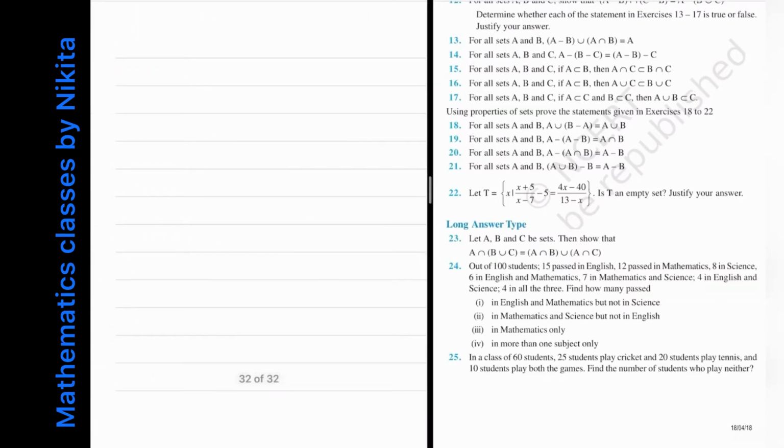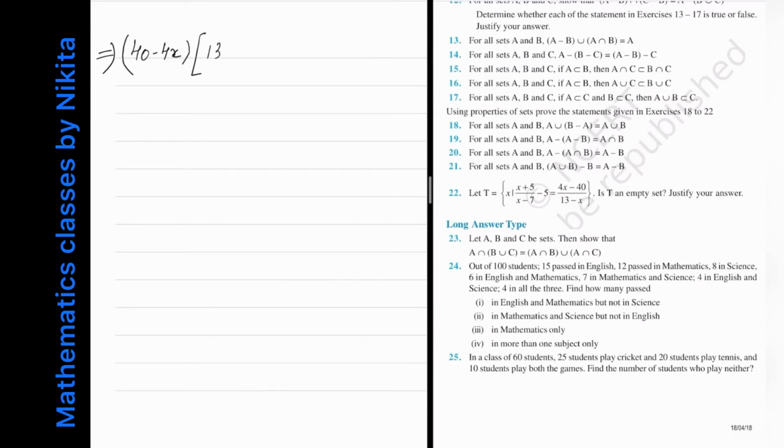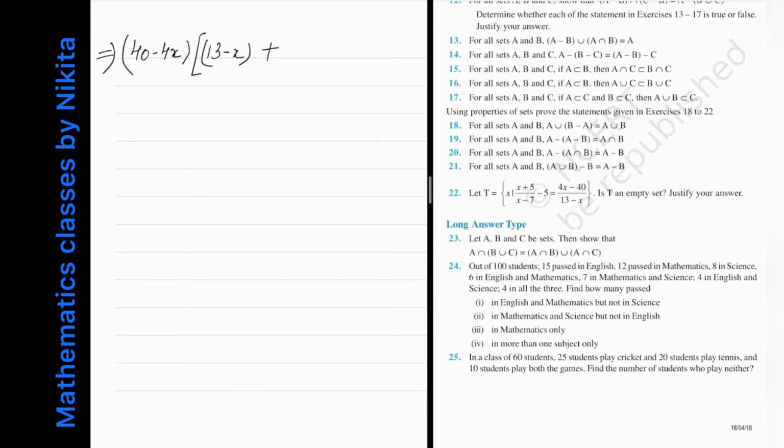So therefore this implies if I take common 40 minus 4x, you will get (13 − x), then because you have taken 40 minus 4x common, a negative sign will come here, so negative negative will become plus, so plus (x − 7).